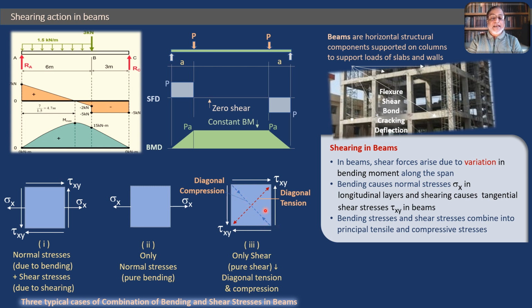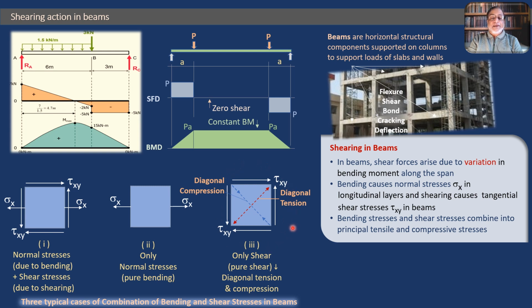So along this diagonal there will be tension developed, and along this diagonal there will be compression developed. So when an element is in pure shear, we get diagonal tensile stresses and diagonal compressive stresses perpendicular to each other in the element.